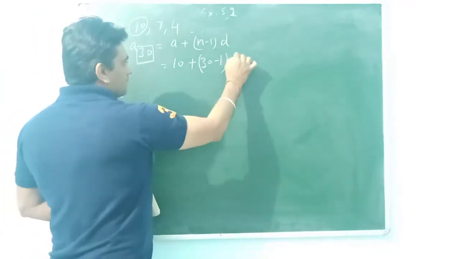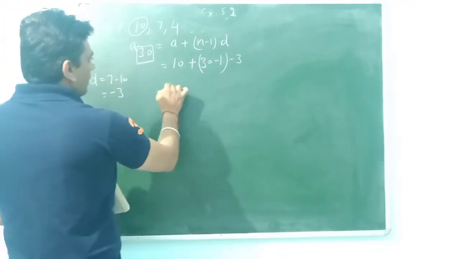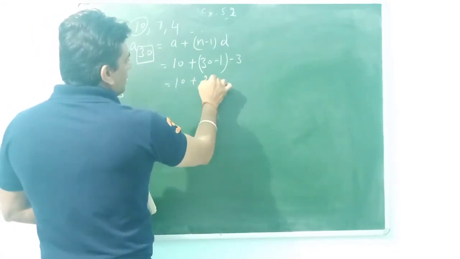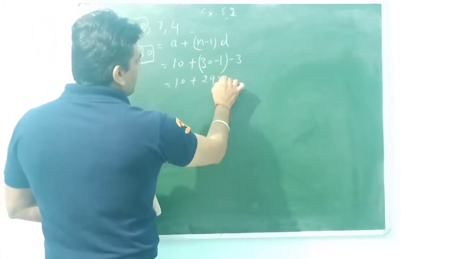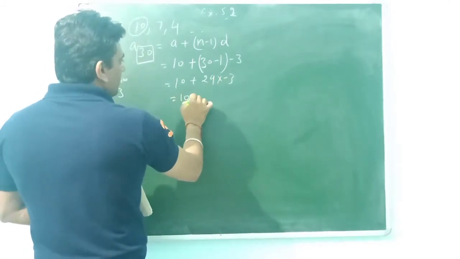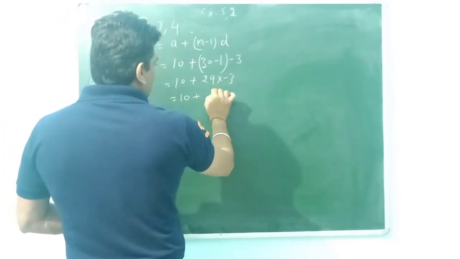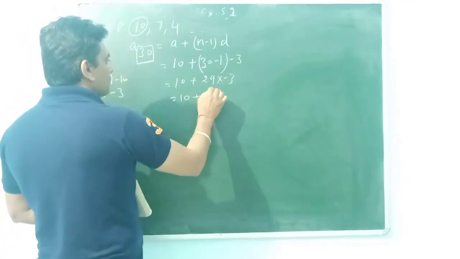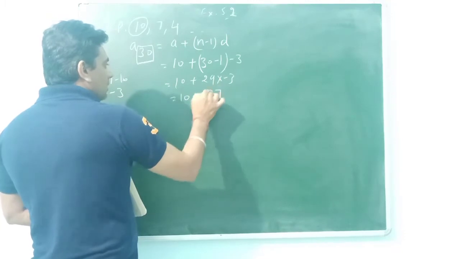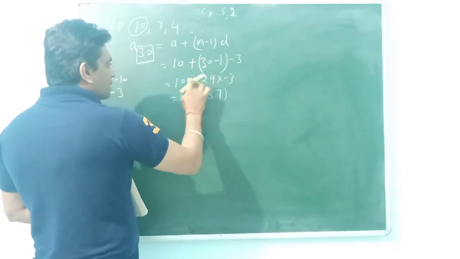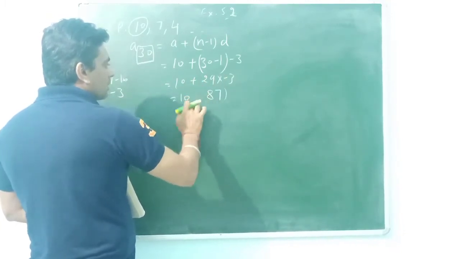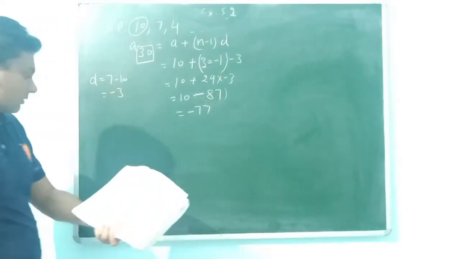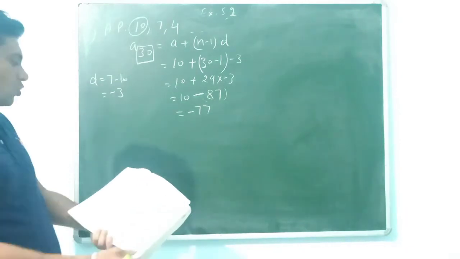So D is minus 3. 10 plus 29 multiplied by minus 3. 9 times 3 is 27, carry 2. 3 times 2 is 6, plus 2 is 8. So this becomes minus 77. So C is the option.